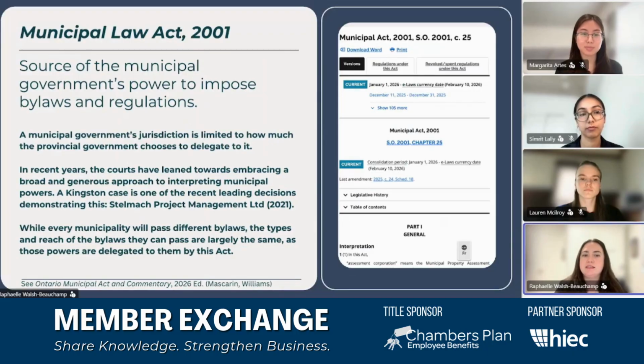A Kingston case is one of the most recent leading decisions demonstrating this. We'll cover this case later in the presentation. While every municipality will pass different bylaws, the types and reach of the bylaws they can pass are largely the same, as those powers are delegated to them by this Act.